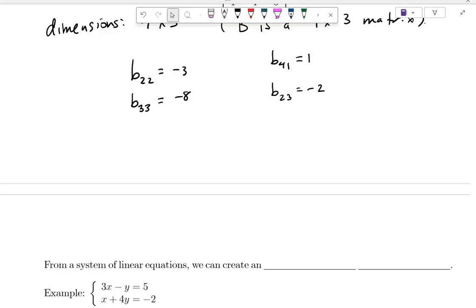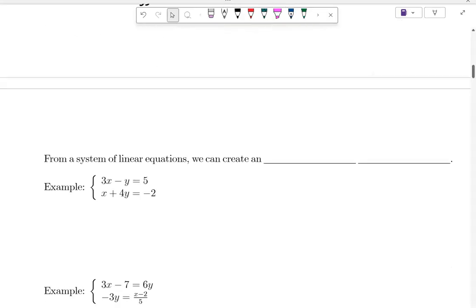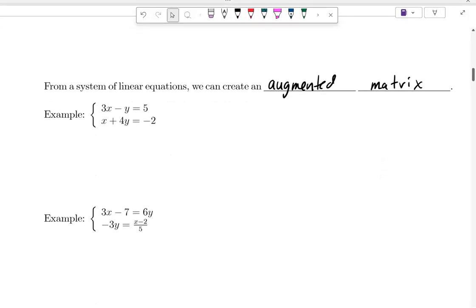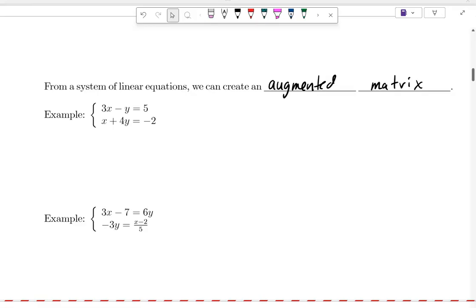So to do that, from a system of equations, we're going to create something called an augmented matrix. Let's talk about how that works. In this first example, how many equations do you see? 2, and 2 variables, right? Okay.